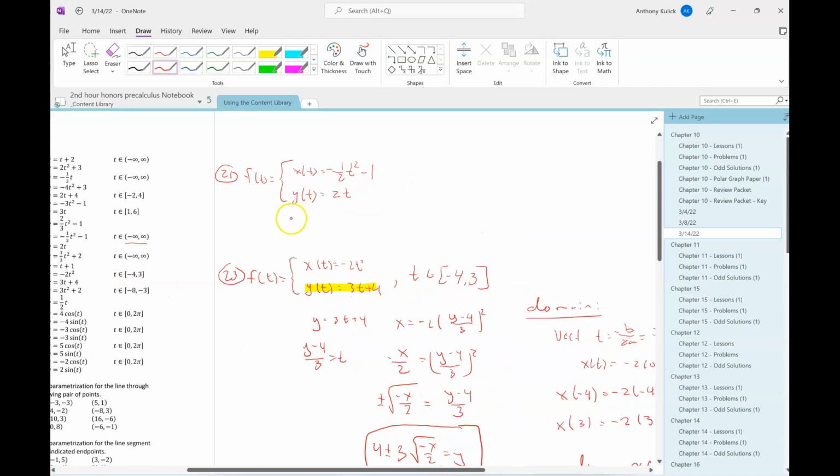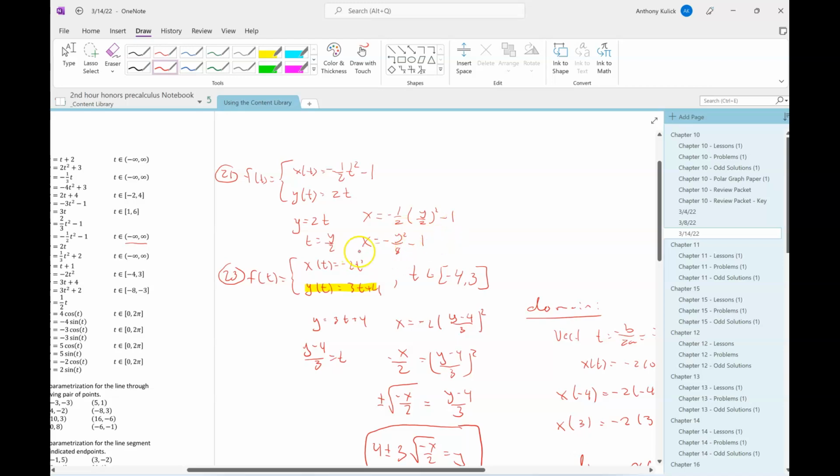So again, I would do the same thing I did before, where I'm just going to take the y equation and get that equal to t, and then plug that into the x equation and then rearrange from there. So when I simplify that down, y over 2 squared becomes y squared over 4 times a half is negative y squared over 8.